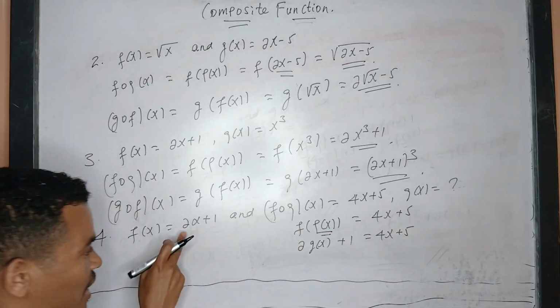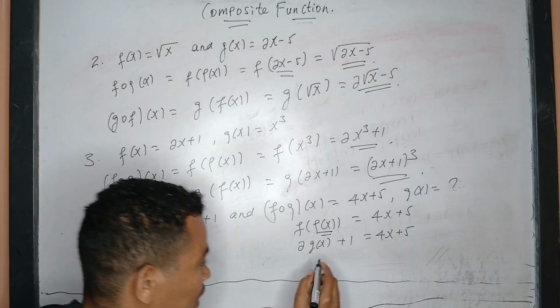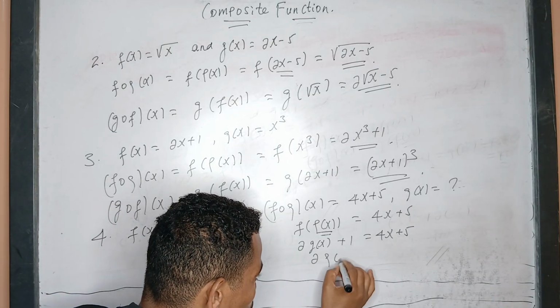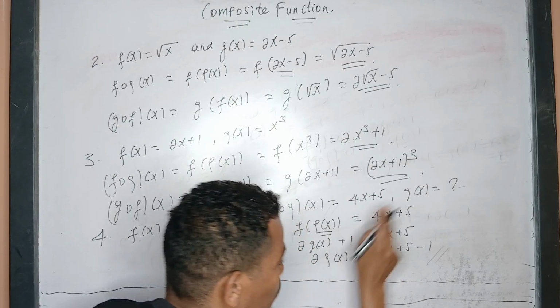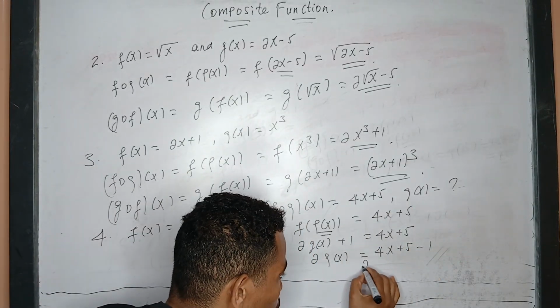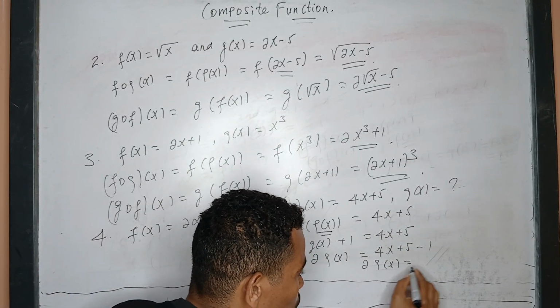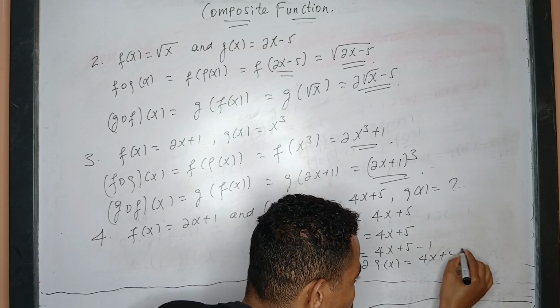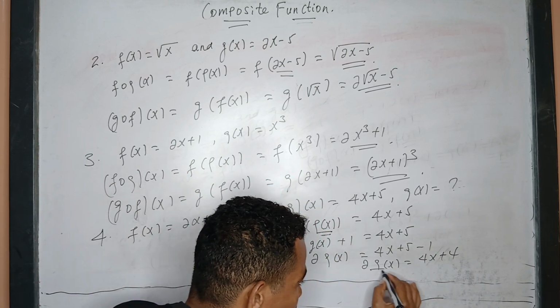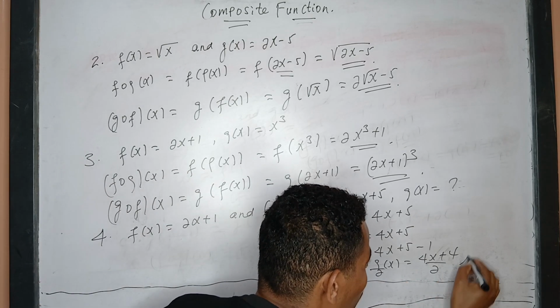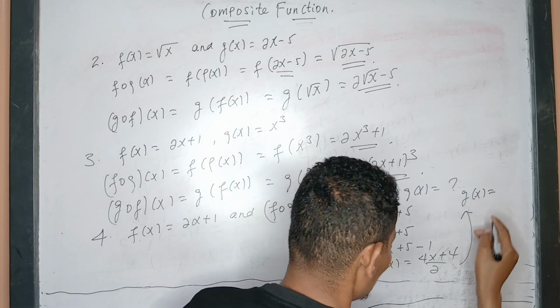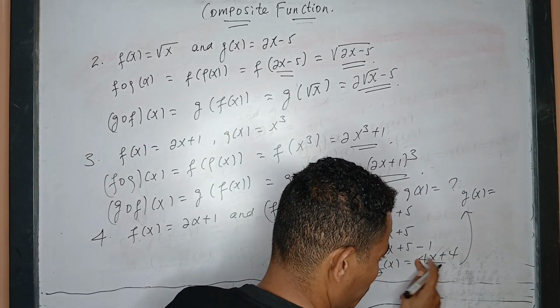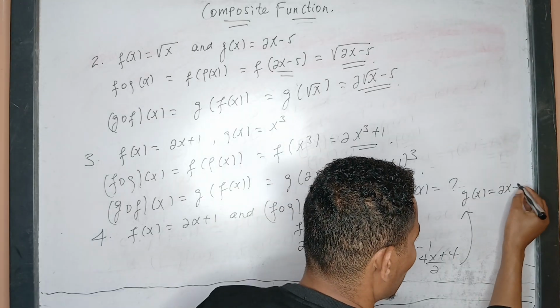This is the same with 2 times g of x is equal to 4x plus 5 minus 1. That is 2 times g of x is equal to 4x plus 4. Both sides divided by 2, that is g of x is equal to 2x plus 2.